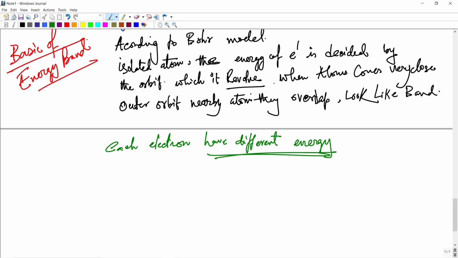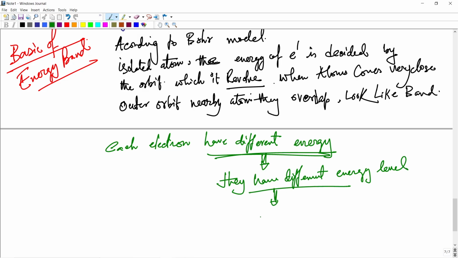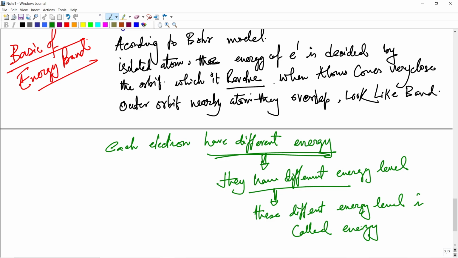Keep in mind these electrons have different energy, so they have different energy levels. Next point, these different energy levels are called energy band. Keep in mind, this is the energy band.